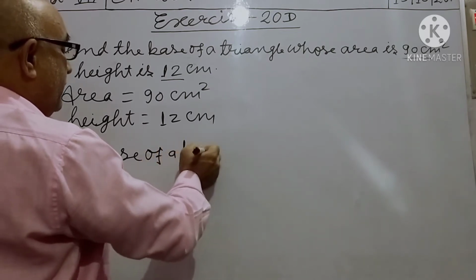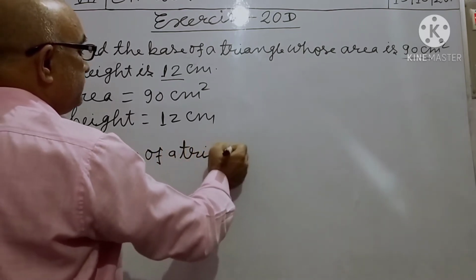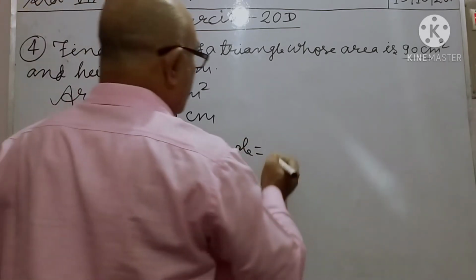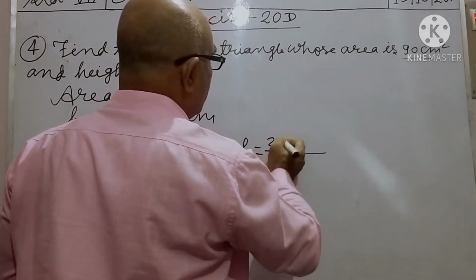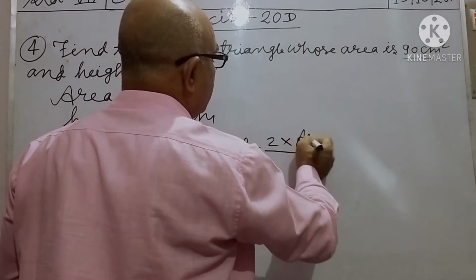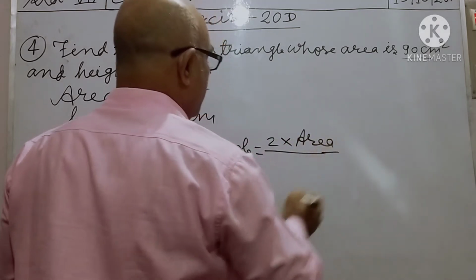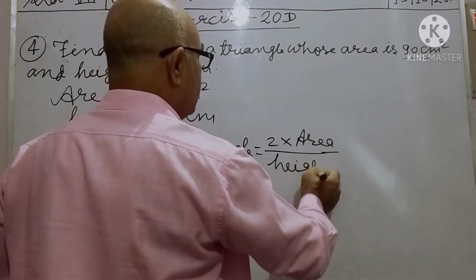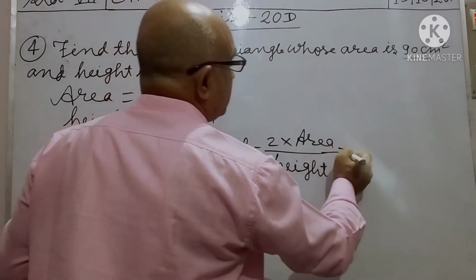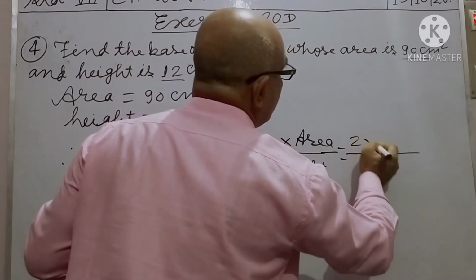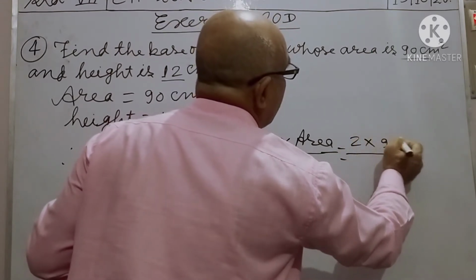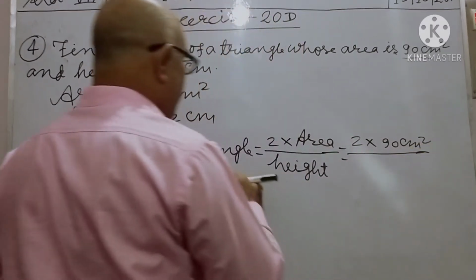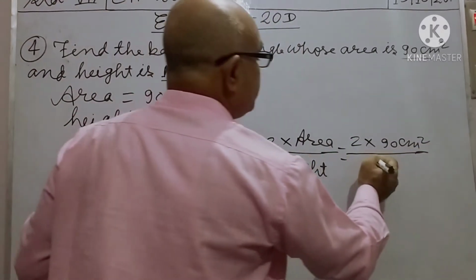Base of a triangle equal to 2 into area by height. Equal to 2 into 90 cm square, divided by height is 12 cm.